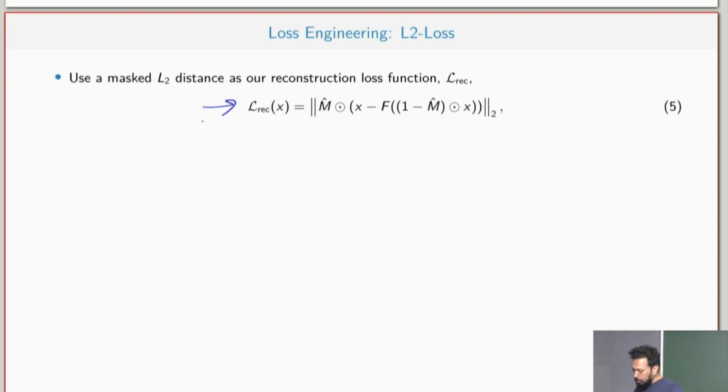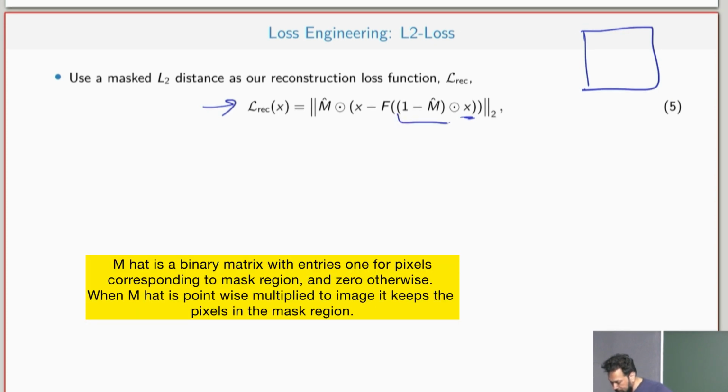What this says is that for a given image X, you pass the corrupted image, because during training you will remove some part, right? So this is your X, and if I apply 1 minus M hat, then this will remove this part.